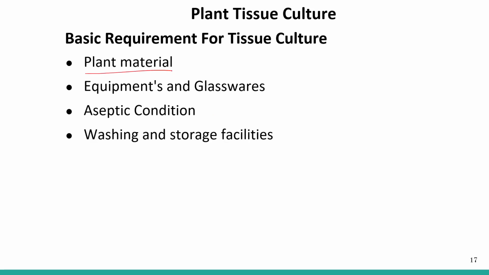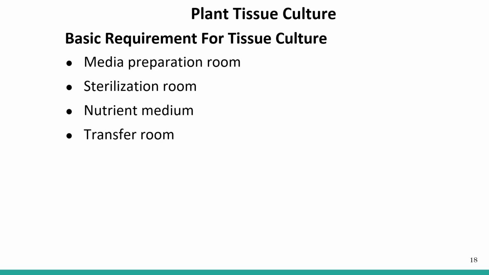Plant material, the basic requirement for plant tissue culture: the plant material which you require, equipments and the glassware. Aseptic condition, maintenance of the aseptic condition, and washing and storage facilities should be there in the laboratory or in vitro cultured space. Medium preparation room.